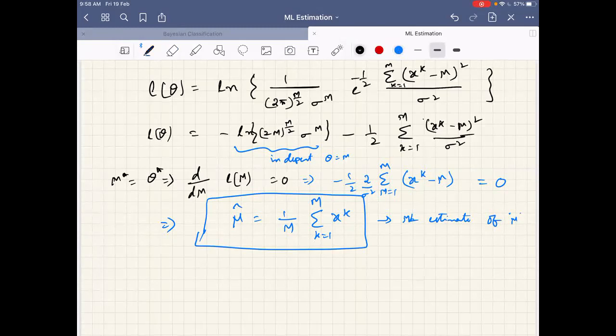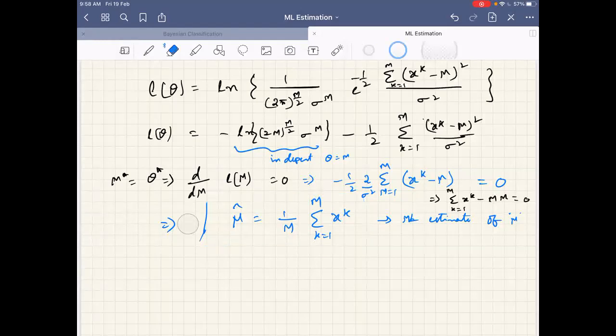Yes, sir. So you simplify this because the summation of m times mu is m mu. If you write here sigma (xk minus mu) is equal to 0, k equal to 1 to m, that's what you get. So this is what I have got.